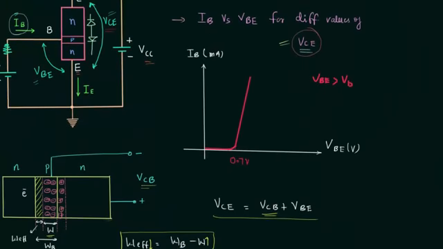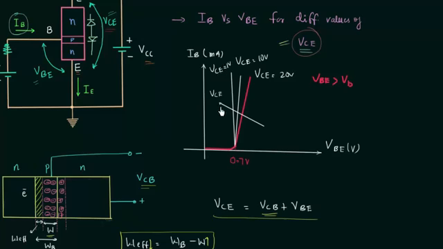Now we can easily complete the input characteristics of common emitter transistor. On decreasing the output voltage VCE, the base current or the input current IB increases like this. Let's say this characteristics is for VCE equal to 20 volts, and this characteristics is for VCE equal to 10 volts, and this characteristic is for VCE equal to 1 volt.